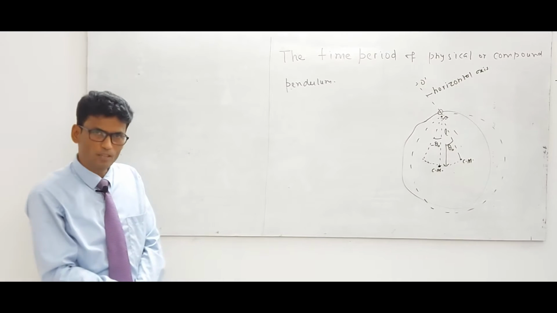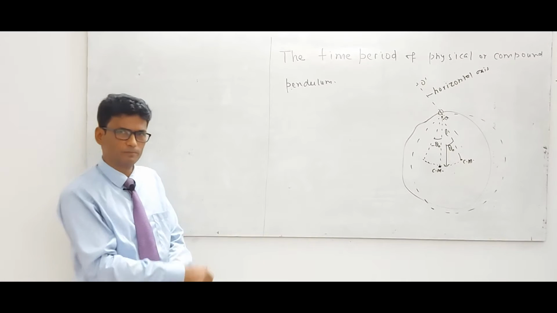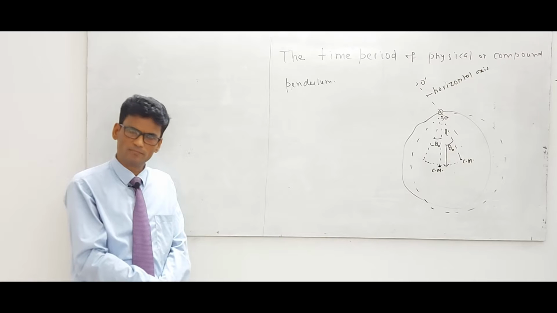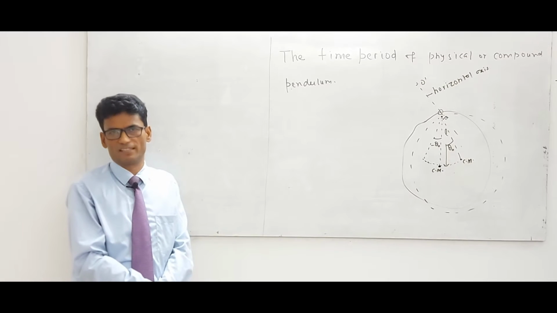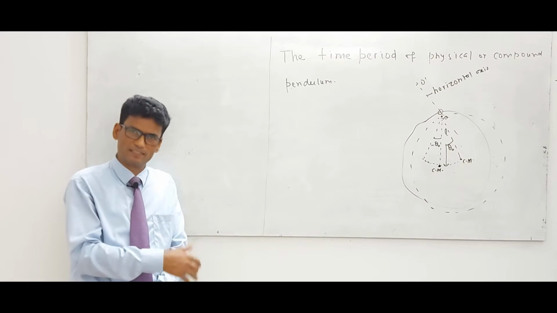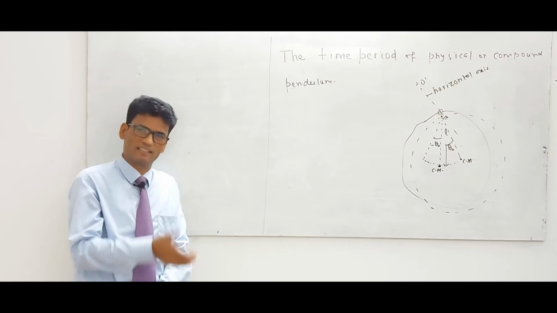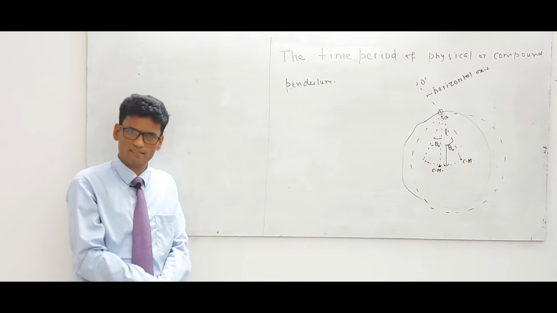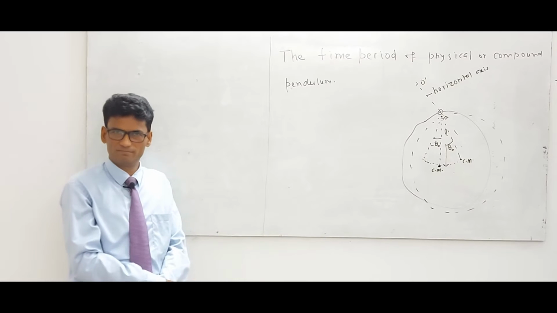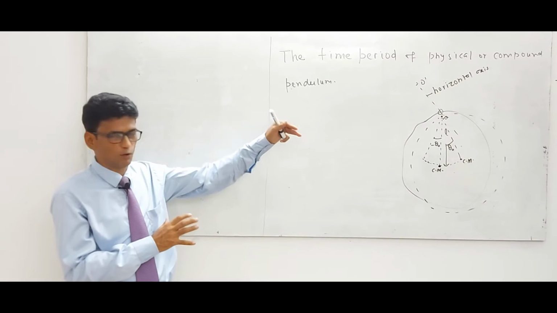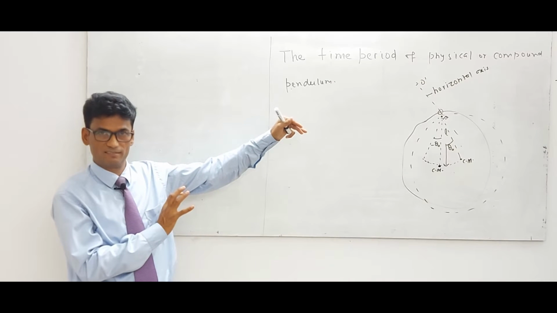But one thing is understood, this pendulum is oscillating in a uniform gravitational field. However, there is no way to say the gravitational field is uniform, either magnitude wise or direction wise. But one thing I want to clear here, the experiment is performed near the surface of the Earth.